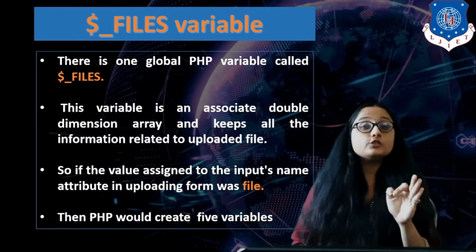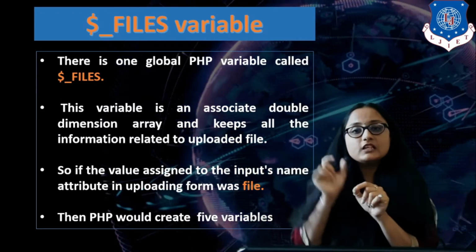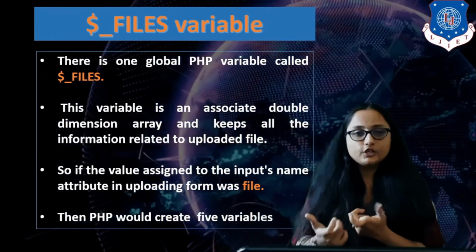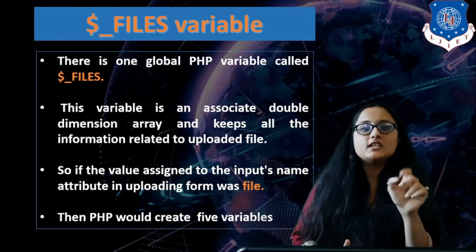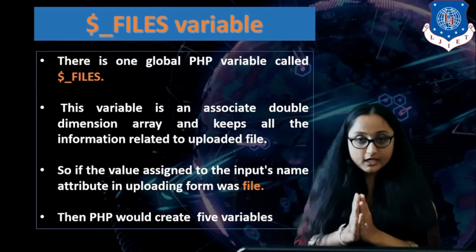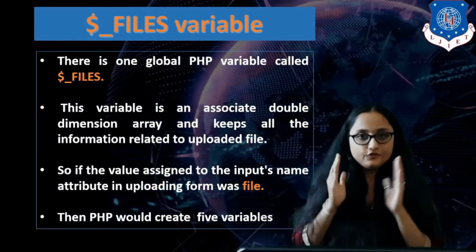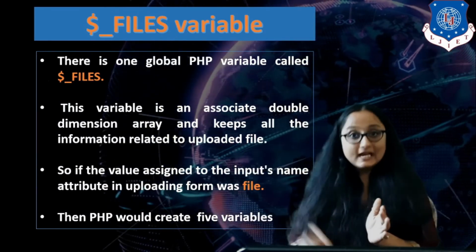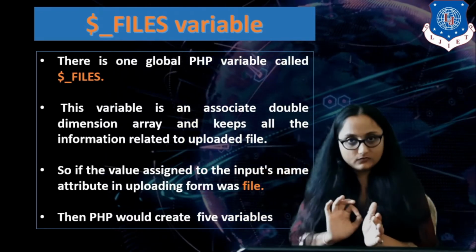You have to specify input type equal to file, and you have to give a name attribute for that input. Whatever name attribute you give, you have to pass that name attribute value in the $_FILES first dimension, that is your row value. So for example, if I have an HTML form with input type equal to file, and my name attribute value is equal to file, F-I-L-E.